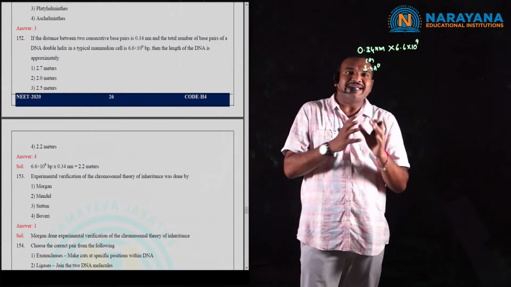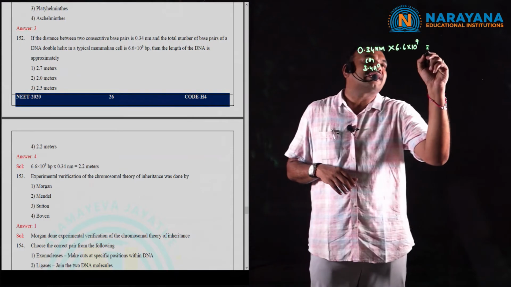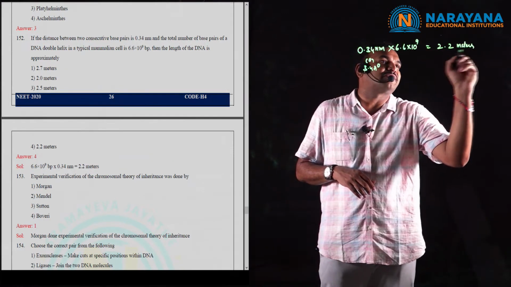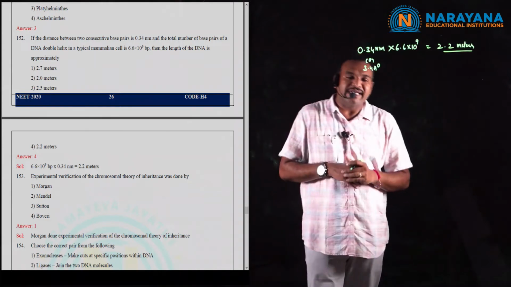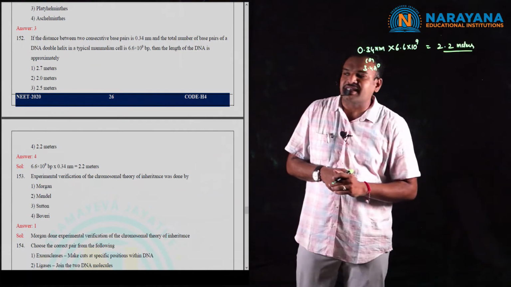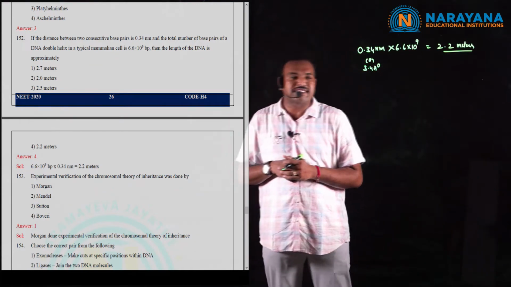That means if you calculate what they are asking, then the length of the DNA is approximately 2.2 meters. That means in a typical eukaryotic cell or human body cell, the length of the DNA is about 2.2 meters. The right option for question number 152 is the fourth option.